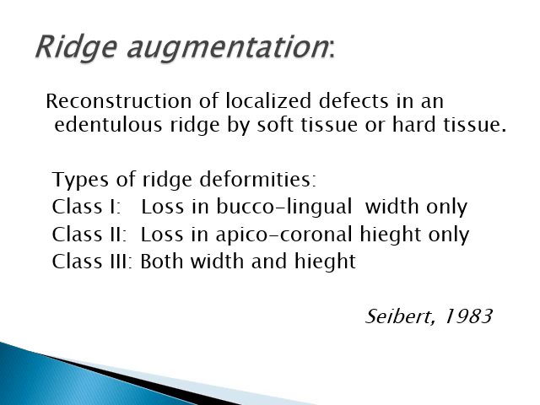Ridge augmentation. We have to know first the classification of types of ridge deformities. Class 1, the defect of the ridge in the buccolingual width only. Class 2, loss in the apicocoronal dimension only, the height. Class 3, both width and height.